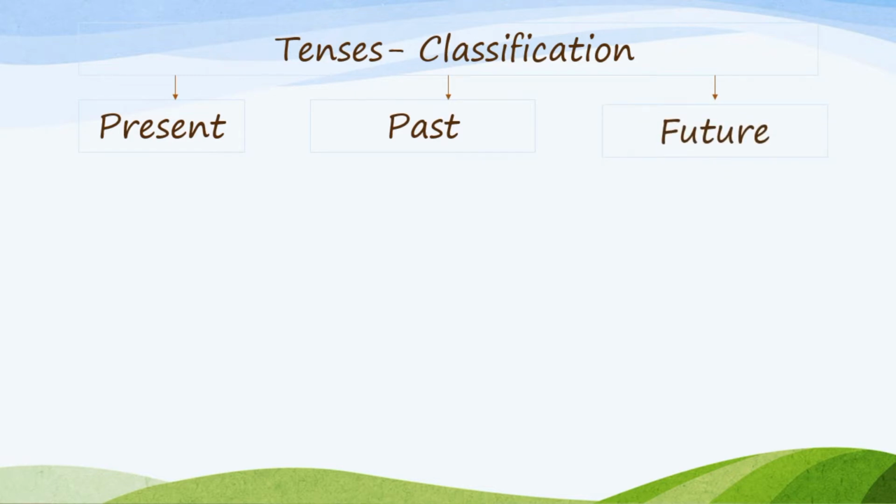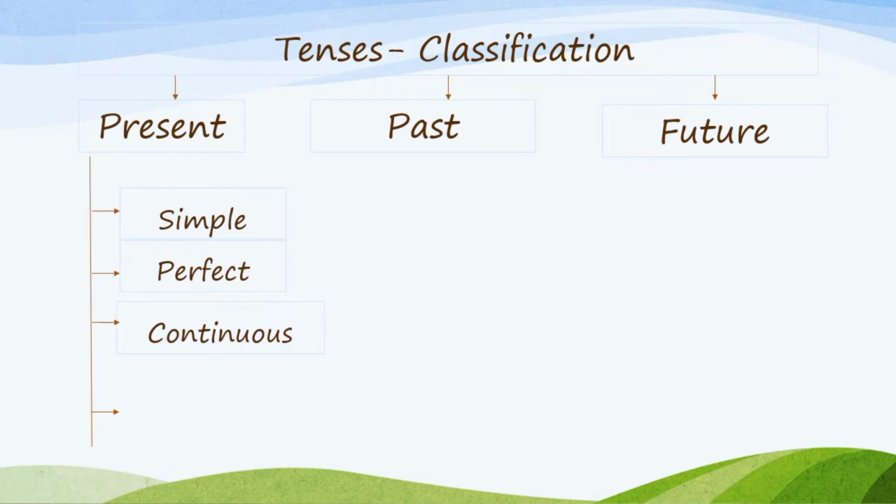Now these three main categories are subcategorized into four main subcategories, which are present simple or present indefinite, present perfect or present complete, present continuous or present progressive, and present perfect continuous.